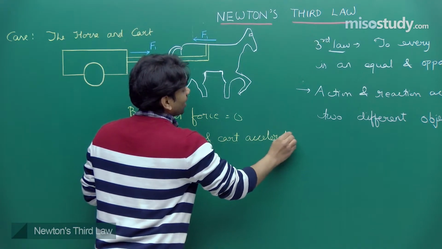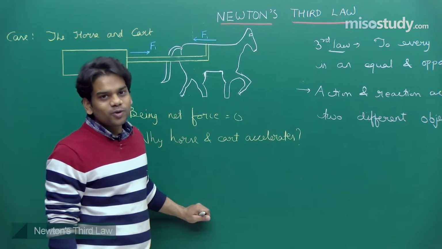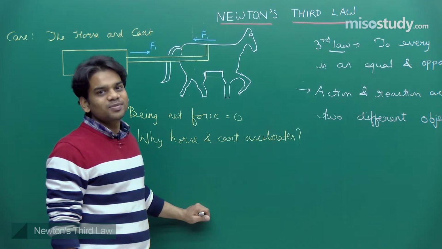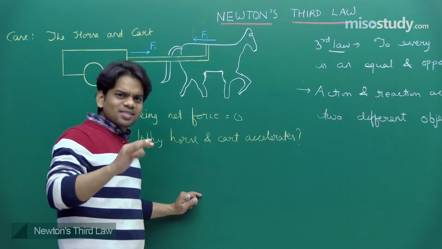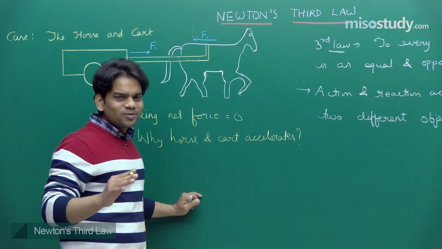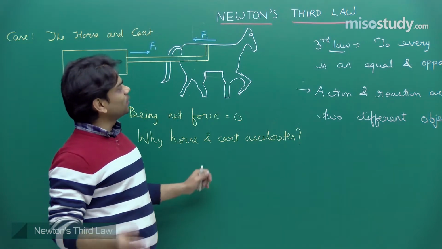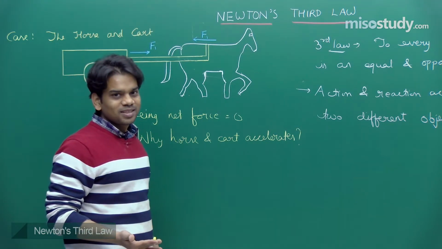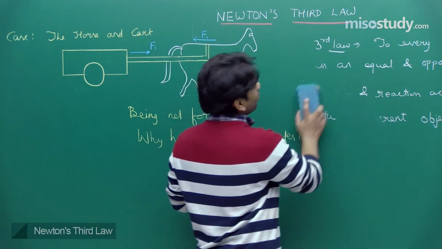Now to answer this, let us think once again what mistake we are making and how we have taken the system. We took both as a system, and somewhere we are making mistakes, so that's why we are not getting the required result. So I'm going to change the system. This time let's take the horse as the system.